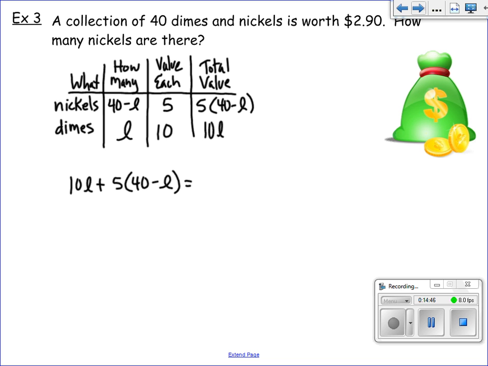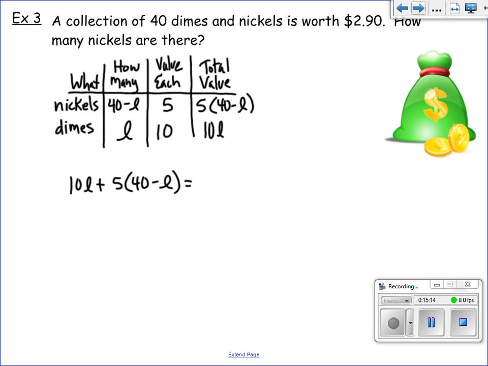Okay, do you want me to put 2.90 or 290 and why? 2.90, because it's only $2 and not 200. What about this? What's this 10 representing, Anna? What's the 10 standing for? What it's worth.